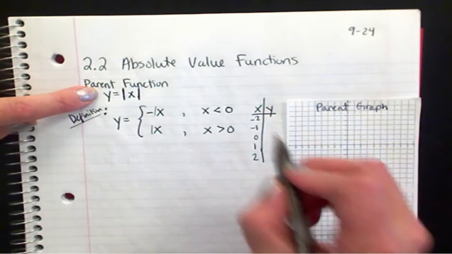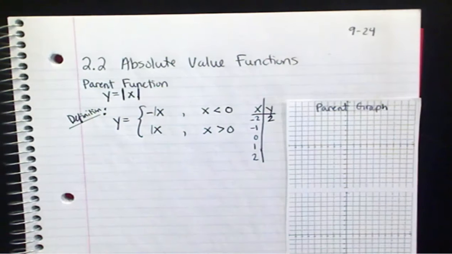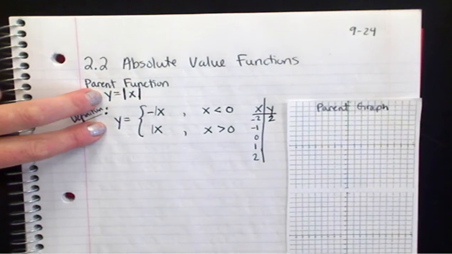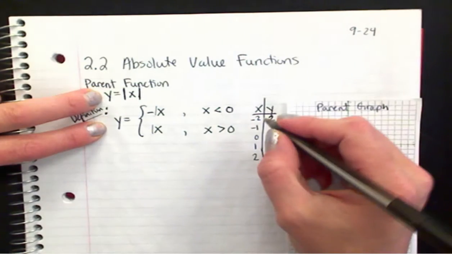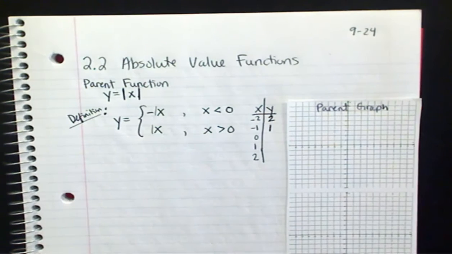When I plug in -2, I get +2. It doesn't matter which one we plug into, they are exactly the same. The absolute value of -1 is +1.